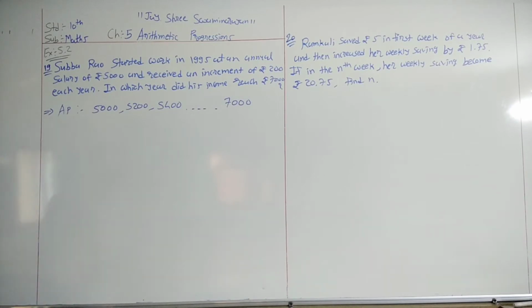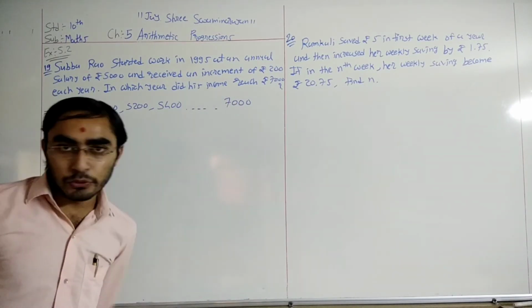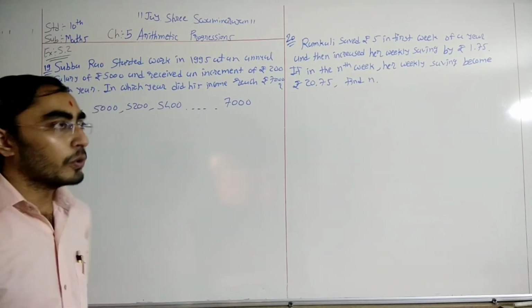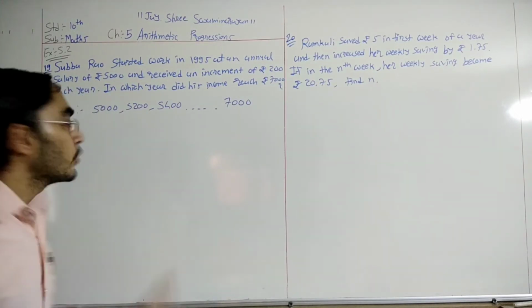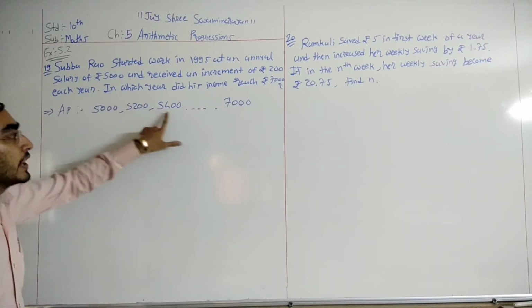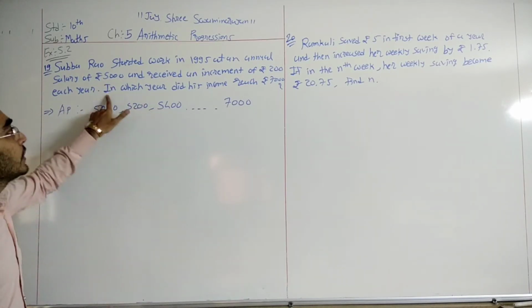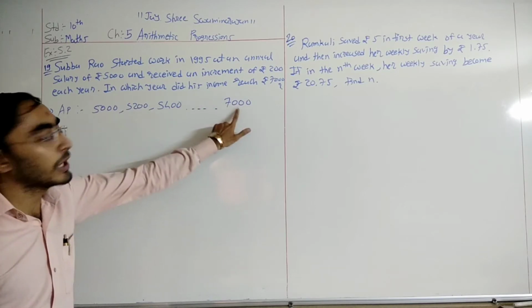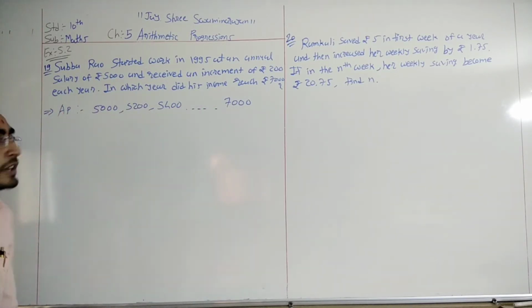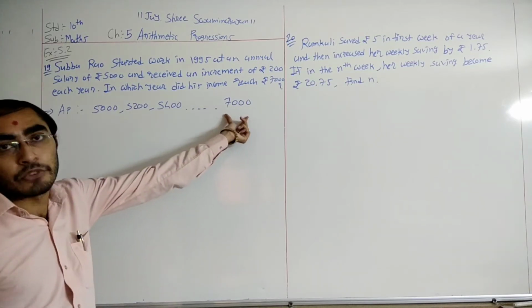But we don't know in which year it becomes 7,000. After how many years it becomes 7,000, that we don't know, and that we need to find. Started with the salary 5,000, every year 200 increment. So in which year does the salary become 7,000?